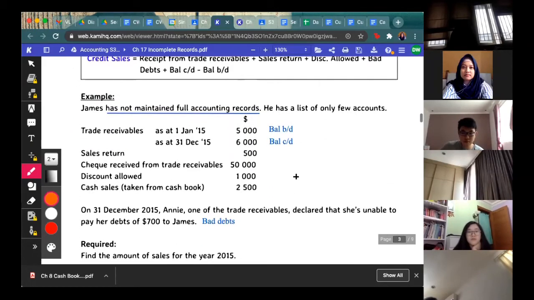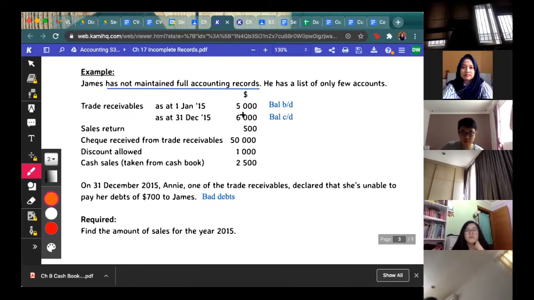Next, example. James has not maintained full accounting records. When you see this sentence in the question, you have to understand that you are in the incomplete records chapter. The clue is that when you see this sentence appear, not maintaining full accounting records, it is an incomplete records chapter.